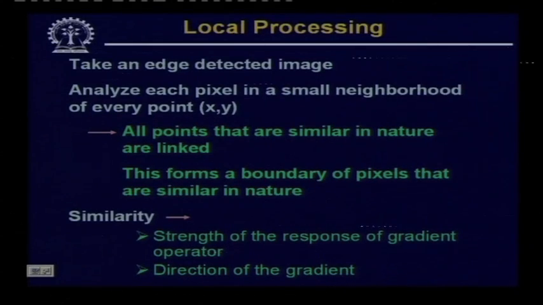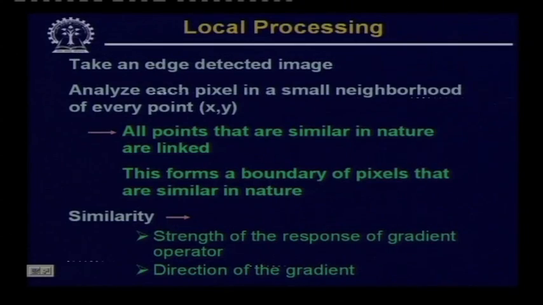For every point x y, if that is an edge pixel, we take a small neighborhood of point x y and link the other edge points within this neighborhood with the point x y if they are similar in nature. After linking all such edge points, we get a well defined boundary of a particular segment.